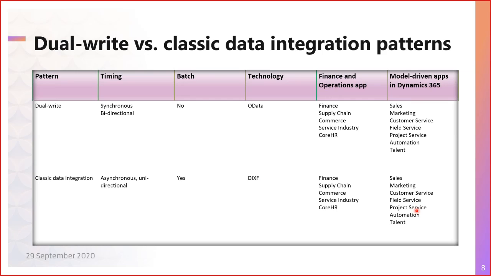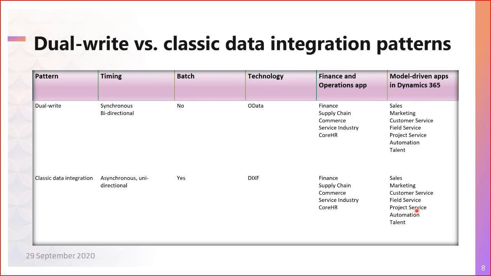You run the process, and it runs at a certain time. Maybe I created a customer in finance and operations at 12 p.m., and it will initiate the job at 12:15 p.m. and start writing data from your source to target applications.